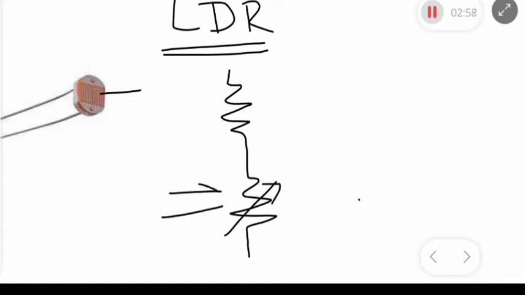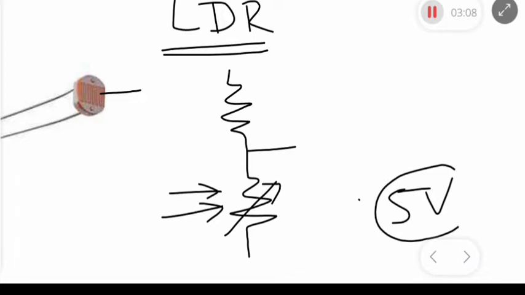And let's say we are using a relay of 5 volts. If you don't know how a relay works, please check out the other video I uploaded some time ago. You will know how a relay actually works. So we want to use it to either switch on or switch off our light.